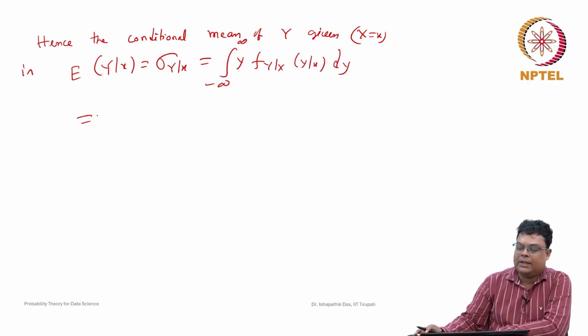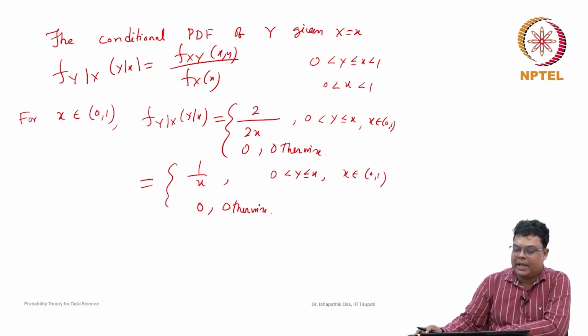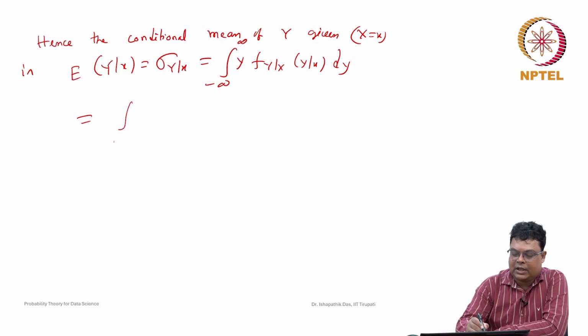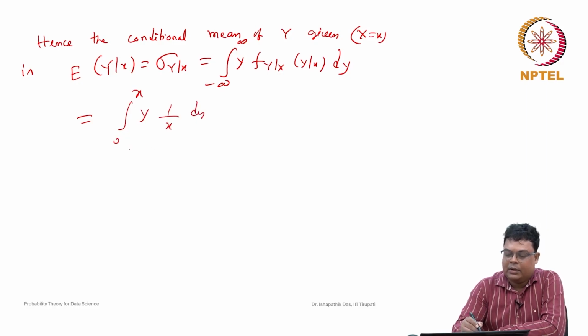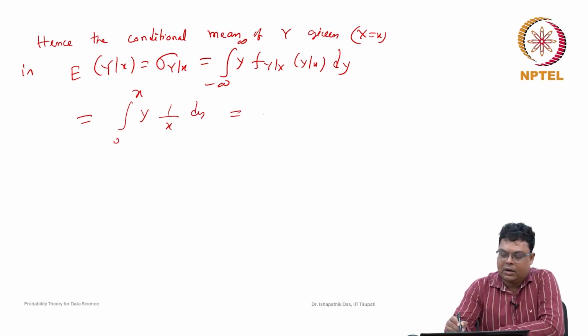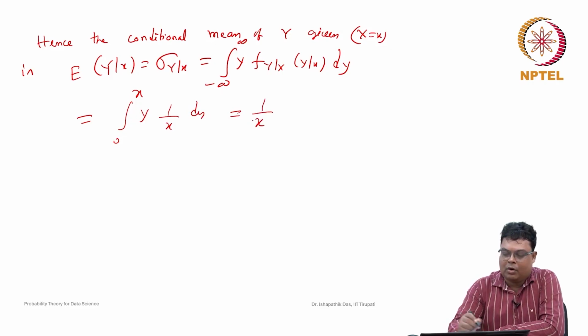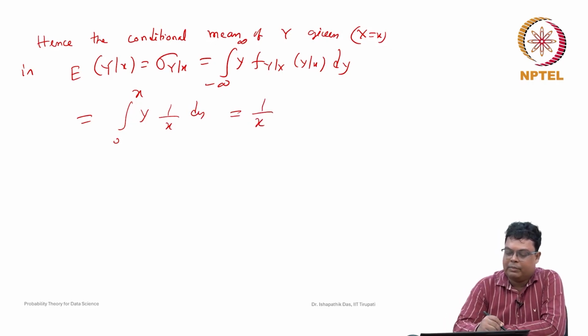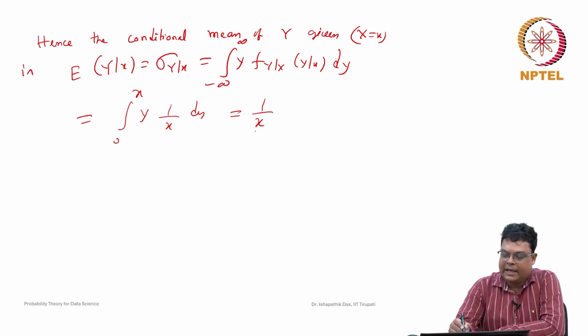Now for a particular given value of x, y is distributed uniformly on 0 to x with density 1 by x. So this is non-zero only on 0 to x, and we integrate y times 1 by x dy from 0 to x. Here 1 by x is a constant, since x is a given value in the open interval (0, 1), so x cannot be 0.